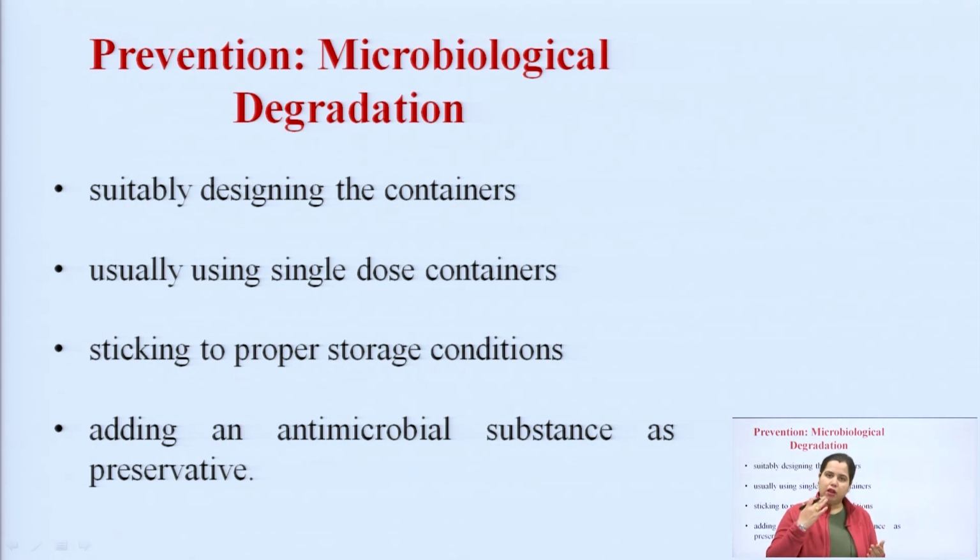Apart from manufacturing and formulation concerns, we must check the quality of the container into which we are going to keep our preparation, because the preparation is in direct contact with the container, and if the container is not suitable, it may contaminate the preparation.